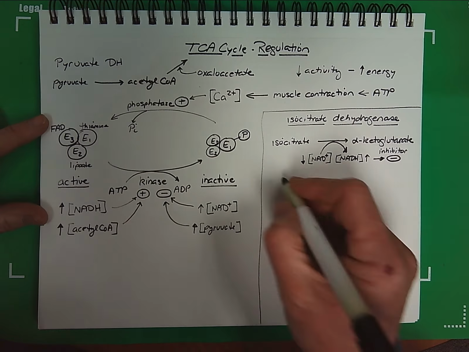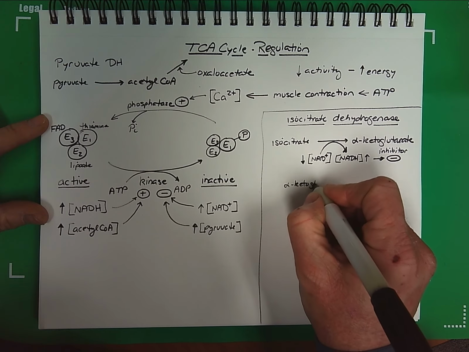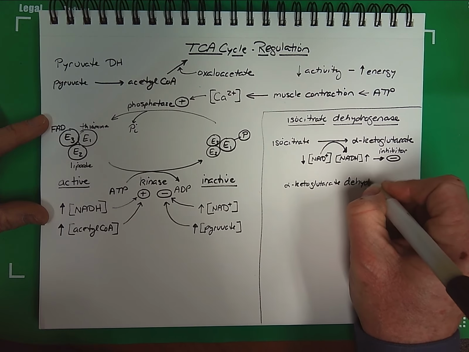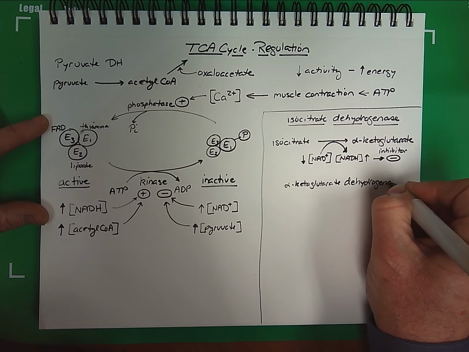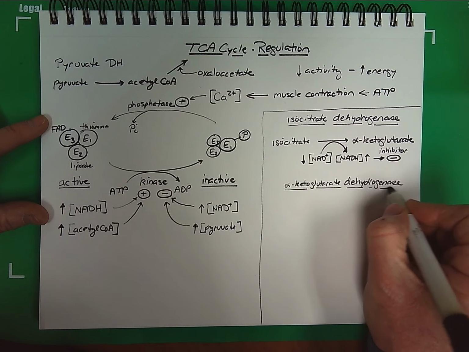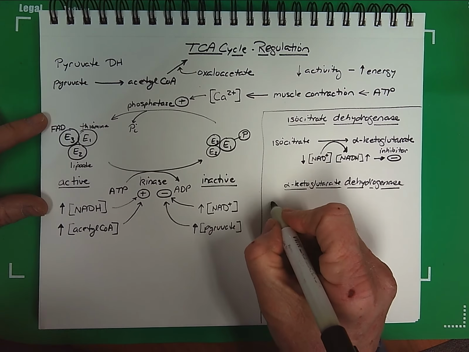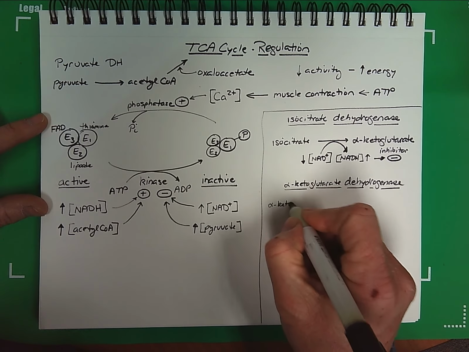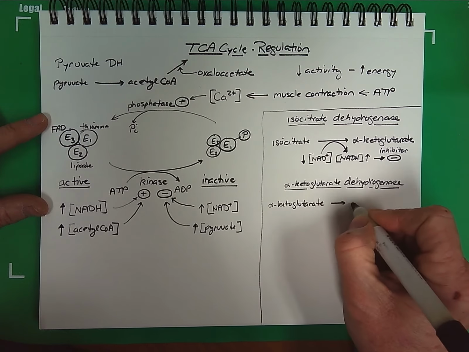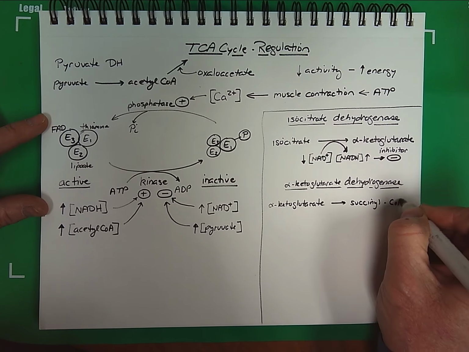The next step of regulation is the enzyme alpha-ketoglutarate dehydrogenase. This is the next step in the TCA cycle from isocitrate dehydrogenase, and this enzyme is converting alpha-ketoglutarate to succinyl-CoA.